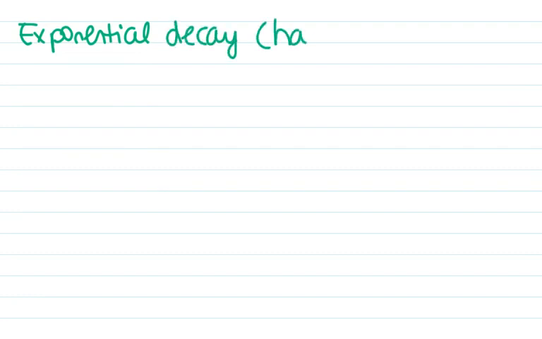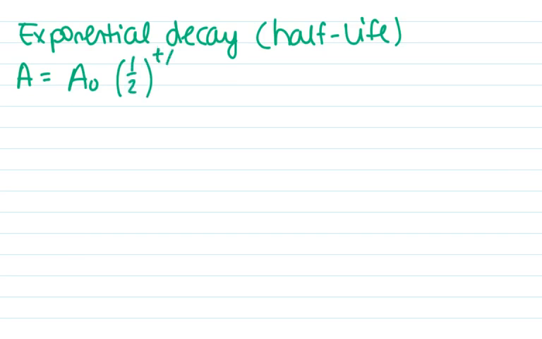Right, exponential decay, or half-life. The equation here is A equals A0 times 1/2 to the power of T over H. A is the final amount.